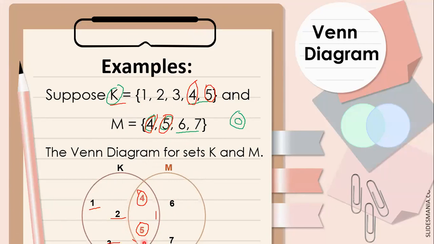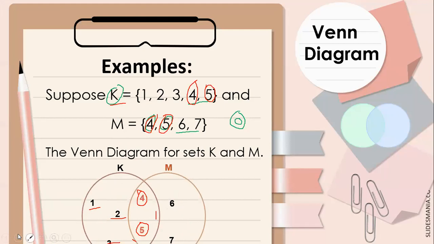Okay? Na nakapaloob si K and also si M. So, we have 4 and 5. Yung hindi 4 and 5, dun sa set K, we have 1, 2, 3. Nandun siya sa outside. Ganon din dun sa M. Yung hindi 4 and 5, we have 6 and 7. That's why nandito sila sa outside. Clear na?